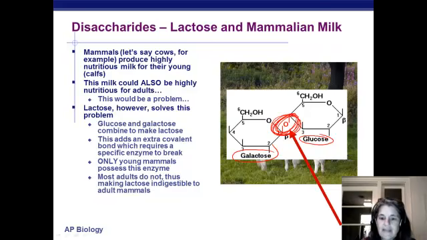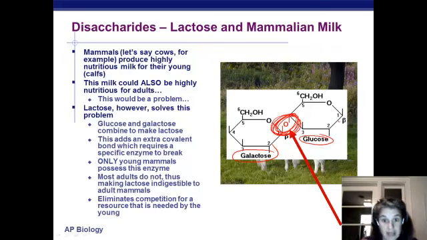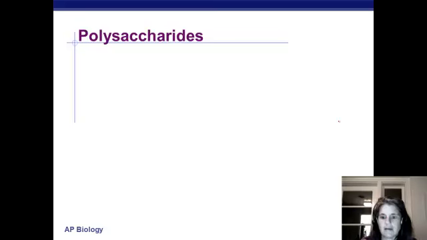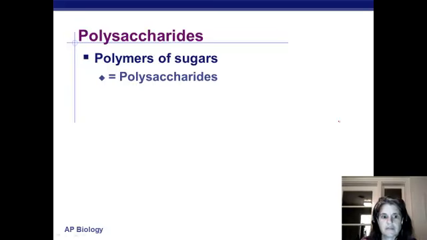So if you're an adult cow, you could try to drink this, but you're going to get indigestion because you can't break it down and your body doesn't handle it well. So the adult cattle leave the mother cows alone, and the resource goes to the only organisms that can actually break down the lactose, and that's the babies. So we eliminate that competition for the needed resource.